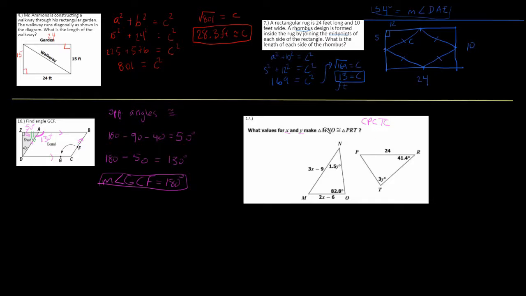So what that means is if we line up the letters in our congruent statement, that tells us what angles are congruent to each other and what sides are congruent to each other. So we know that MN must be congruent to PR. Well, we have a measurement for MN and we have a measurement for PR.